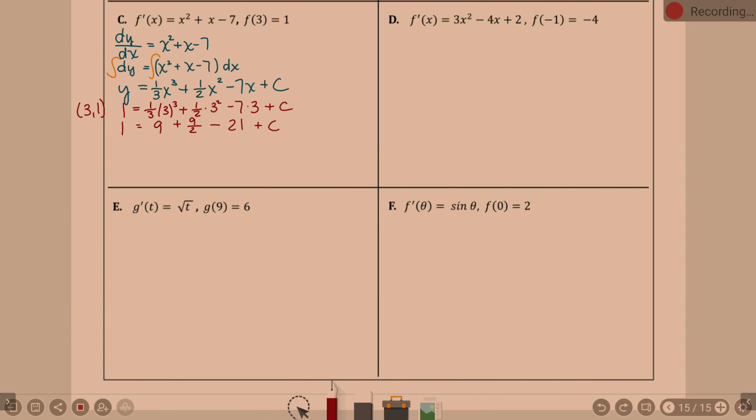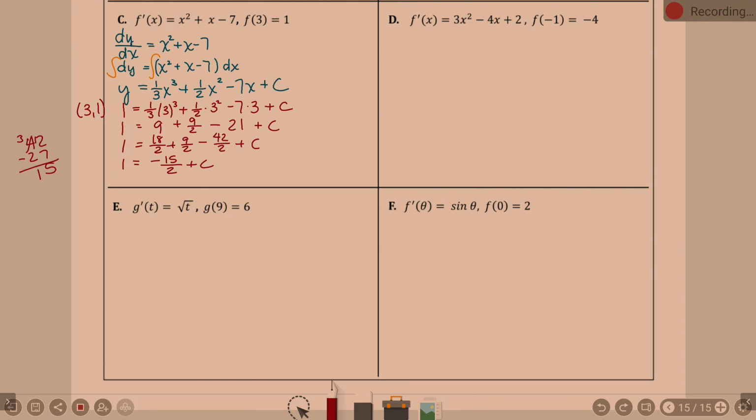If I go halves, it's 18/2 plus 9/2 minus 42/2. 18 and 9 is 27. 27 minus 42. Well, here's my 42 minus 27 math, which is 15. Since it was 27 minus 42, it's going to be negative 15/2.